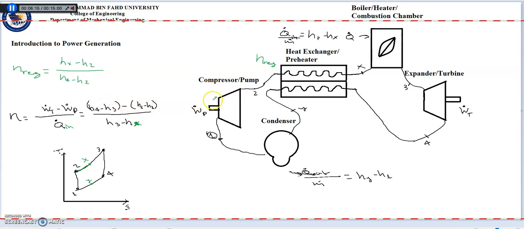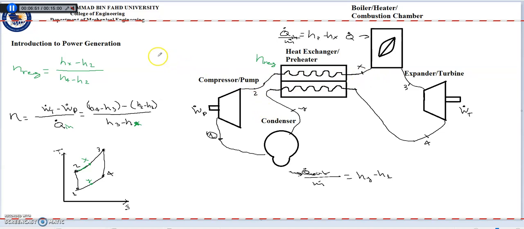Another important parameter to define is the efficiency of the preheater. So let's assume that the efficiency is 1. In this case, all the heat that this stream from the turbine to the condenser lost went to the stream from the pump to the boiler.